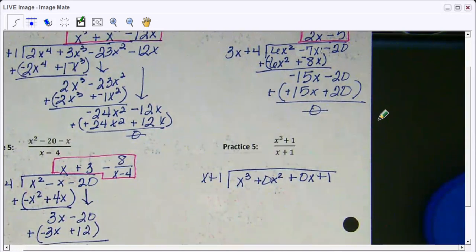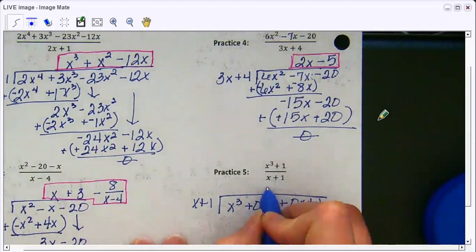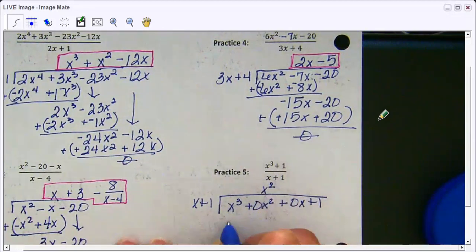And so I was looking on your homework, and examples in your homework that are similar to this would be the last two problems, 21 and 22. So when you're doing your homework and you see a problem like this, refer to this problem in your notes to help you. So I'm going to go ahead and divide. x goes into x cubed, x squared times, plus 1x squared.